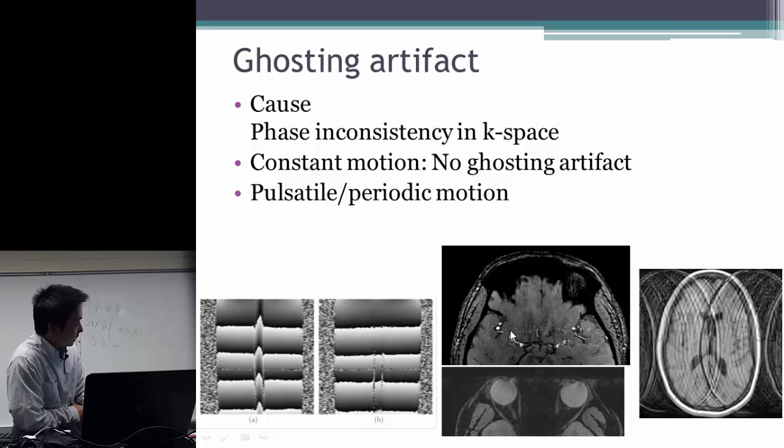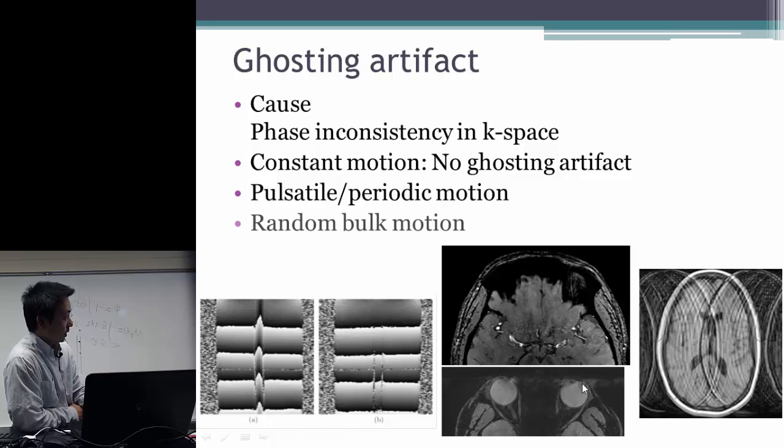Here, I'm not sure if you can see it clearly, we have some ghosting artifacts caused by the internal cerebral arteries, because they are pulsating. We can also see the most widely seen ghosting artifact here on the eyeball, because during the whole 3D scan, the eyeball always has some kind of involuntary, random motion.